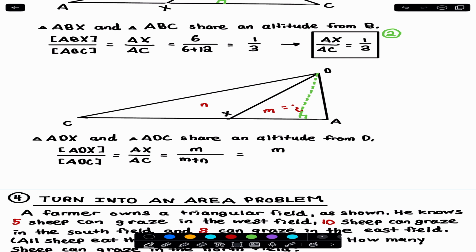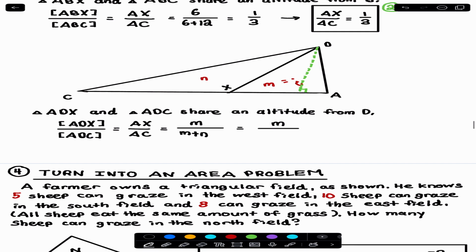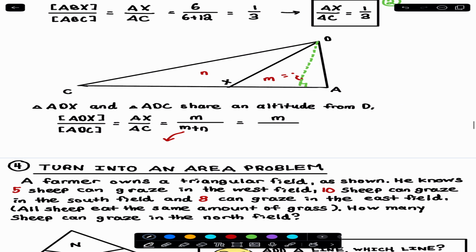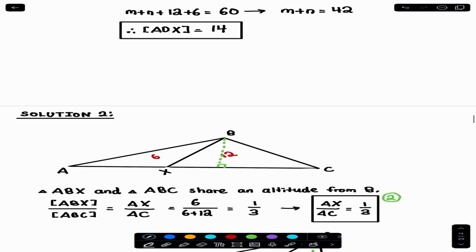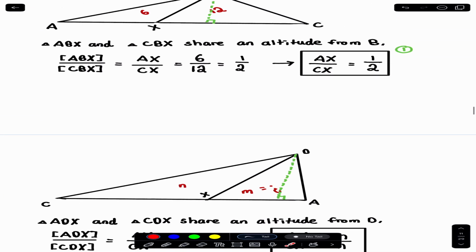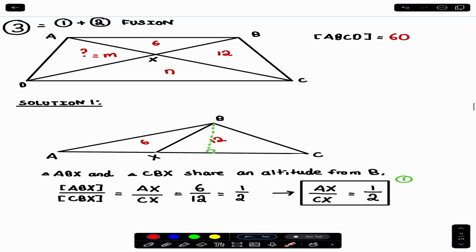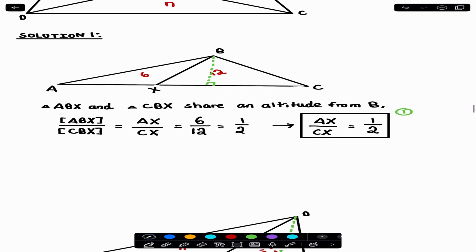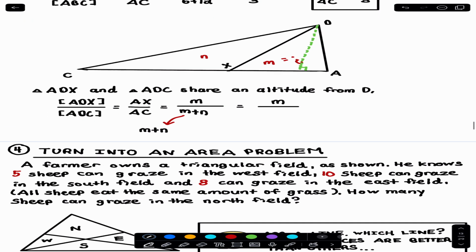Now the thing about M plus N, let's just write it as a little aside. We might not know what M and N are individually, but if we go back to our problem that says the total area of ABCD is 60, M plus N plus 18 equals 60, which means M plus N is 60 take away 18, which is 42.